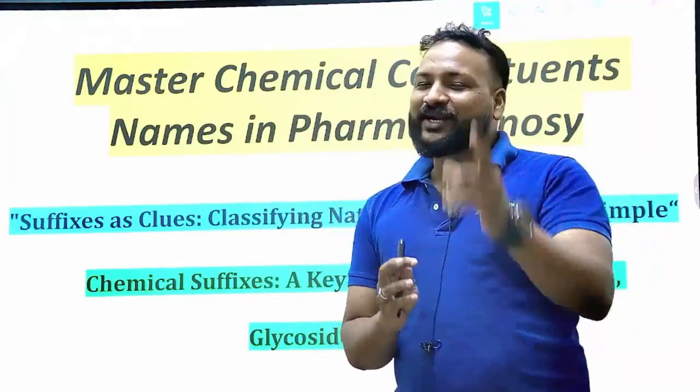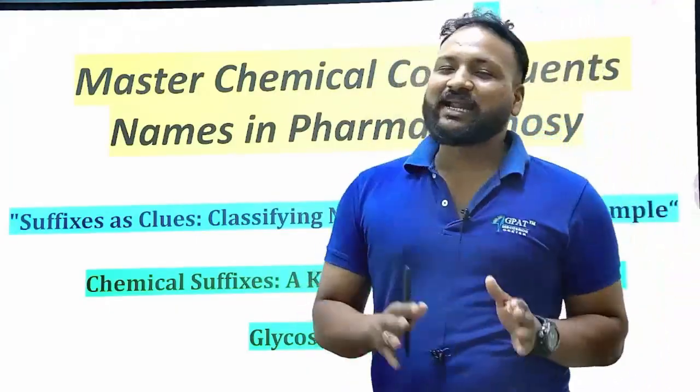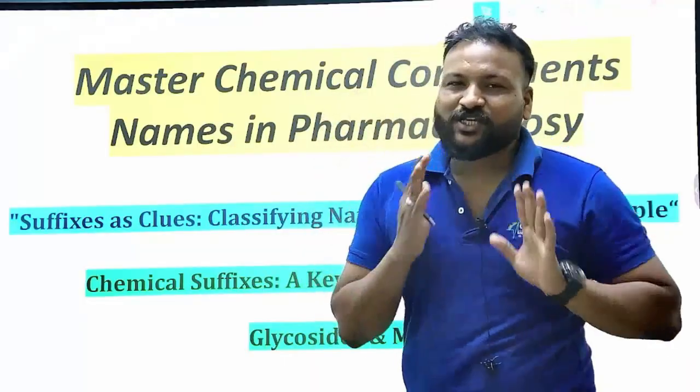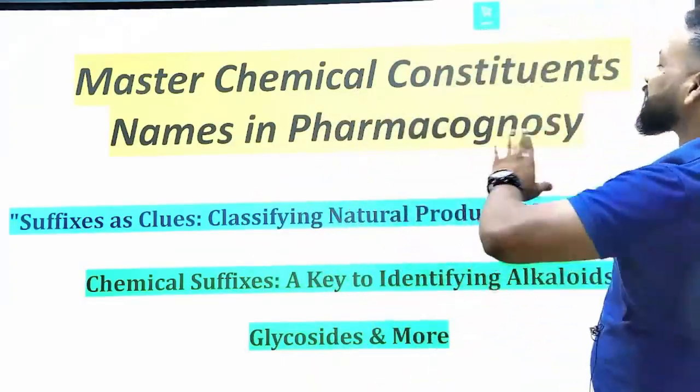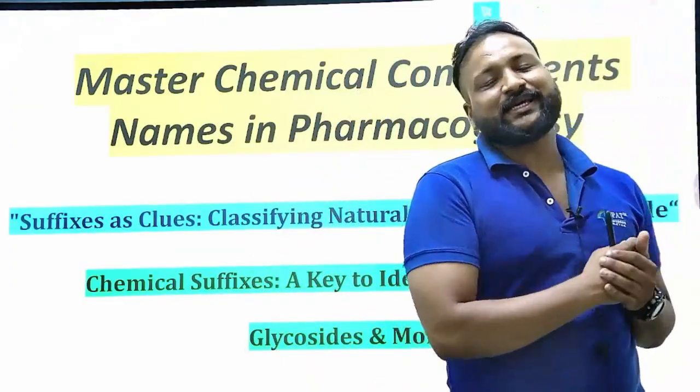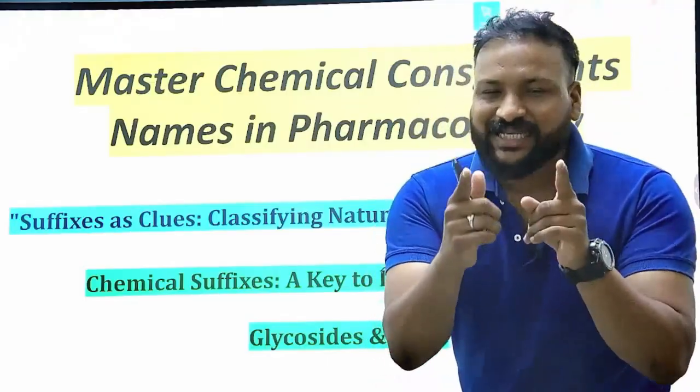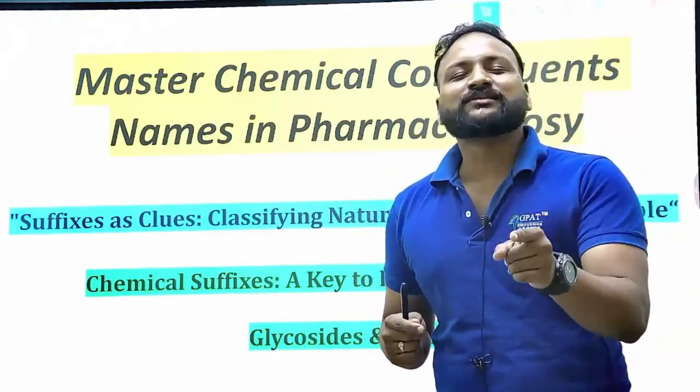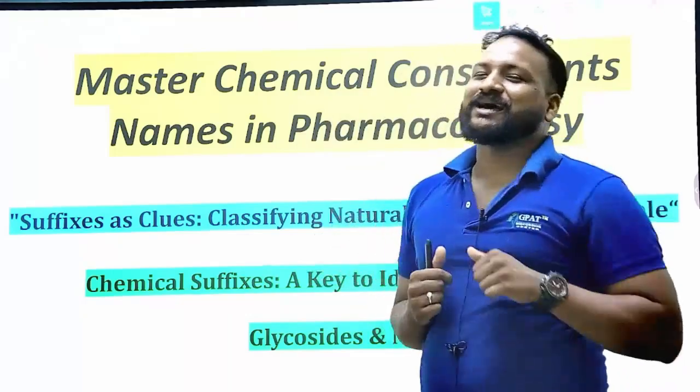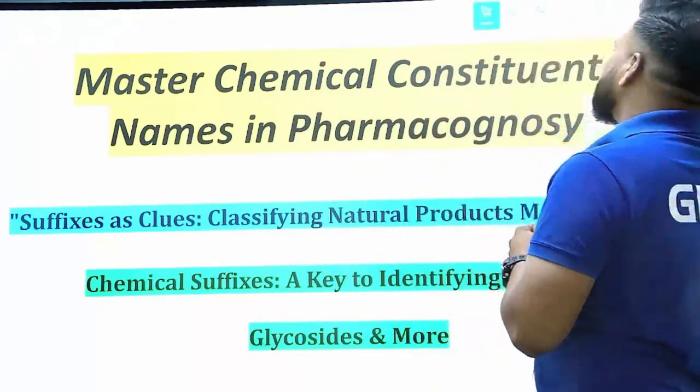So I hope you're ready. Without delay, let's start today's special video: mastering the chemical constituent names in pharmacognosy, because the name itself will give you the clue if you listen to my words and see these examples.